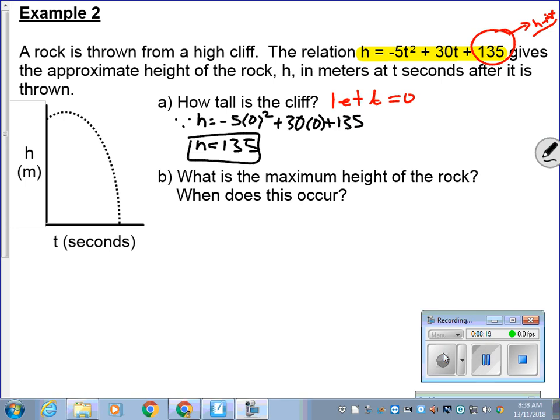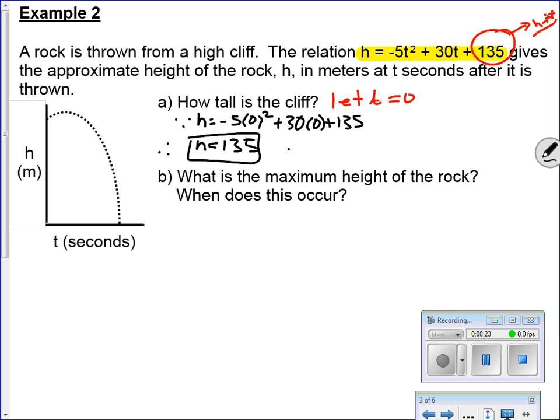Since this computation happens, therefore h equals 135 is the height of the cliff. So if you were writing this in full English, you would say it's 135 meters.